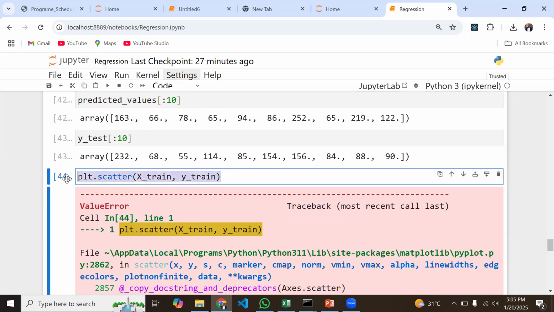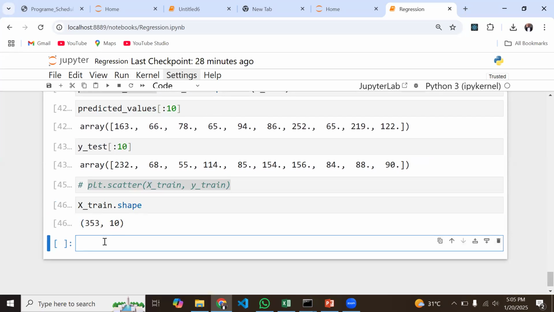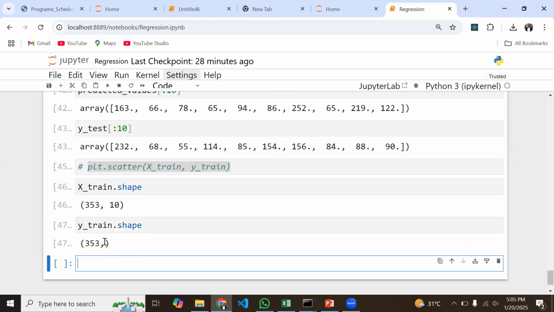Let me check a few things over here. X_train.shape. Oh, okay. Y_train.shape. Oh, okay, no problem.